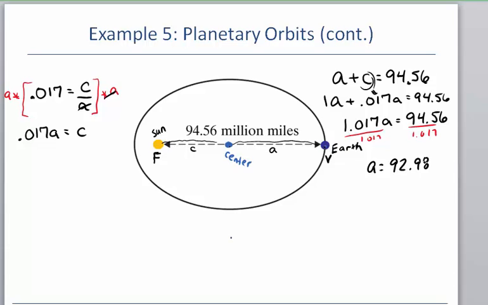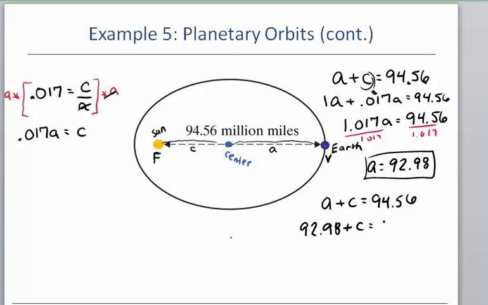Now I can go in and find the C value by substituting back into either of my equations. So I'm going to come back to this equation that I've been using. A plus C is equal to 94.56. I'm going to plug in my A value, and then subtract the 92.98 from both sides.